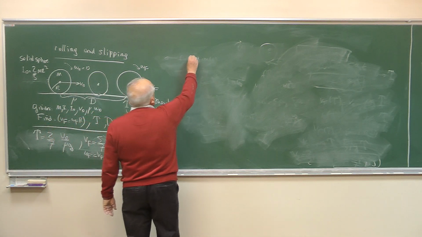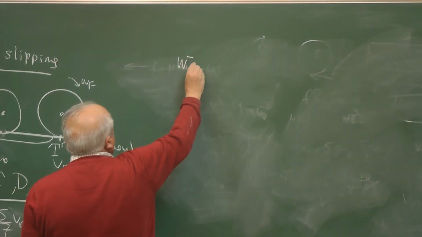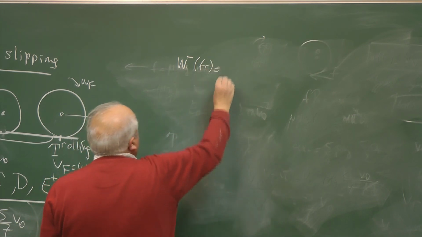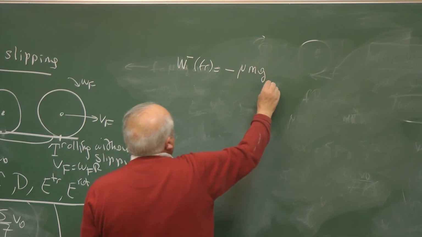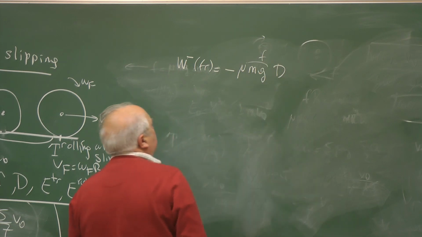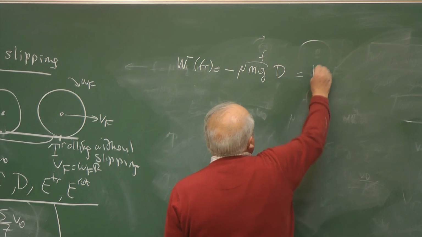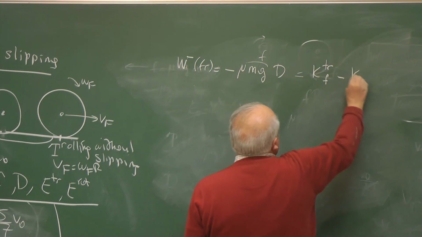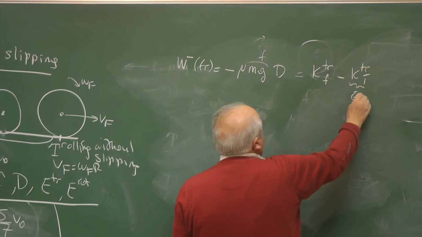So the negative work done by friction is minus mu mg times d. Namely, this is F, minus F times d. This is equal to K translational final minus K translational initial. This is E0.